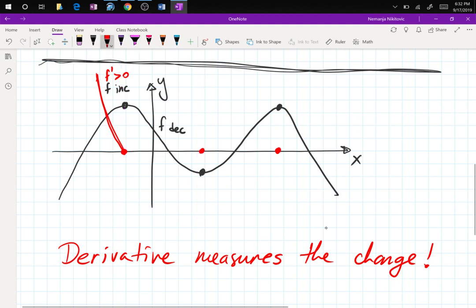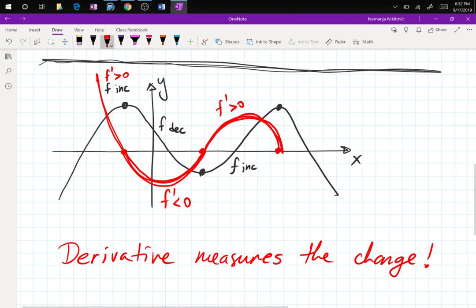So we have this. f prime is less than 0 because f is decreasing. Then we have this because f is increasing. If f is increasing, the f prime is bigger than 0. So it's very easy to spot, looking at the derivative.